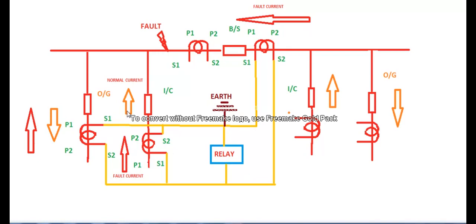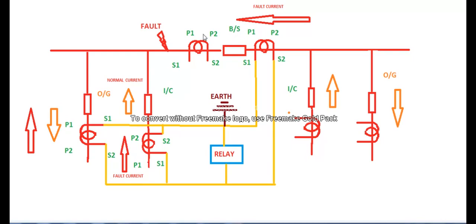Normally the incomer feeds current to the busbar, and the outgoing feeds the line or feeder somewhere else. This is outgoing current, and this is incoming current. If the bus section is closed, the current normally flows in this direction.